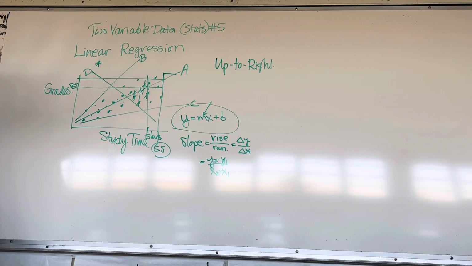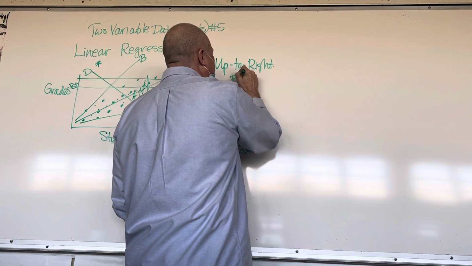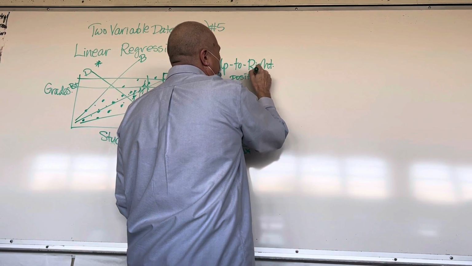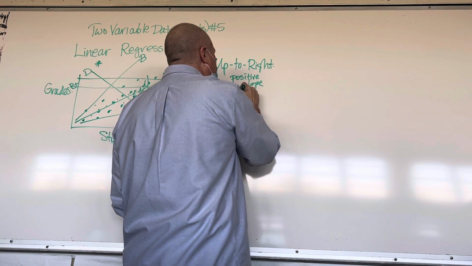Raise your arm up to the right. Where are you guys? Raise your arm up to the right. Okay, and say up to the right. Positive slope. You with me? Okay, and that was kind of funny the last time we did that, and I'm remembering it now. Positive slope.